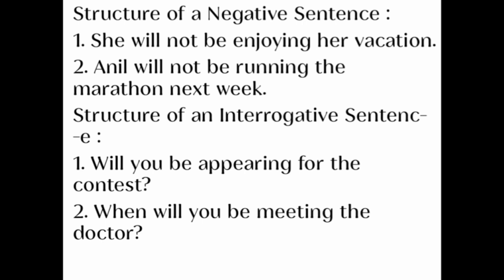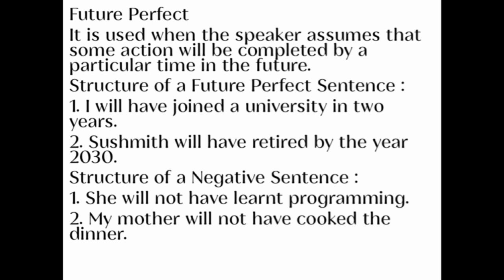Next we have future perfect. So future perfect is used when the speaker assumes that some actions will be completed by a particular time in the future. So it is based on the expectations that they'll be completing that in a particular time. Certain actions will be completed by certain time.